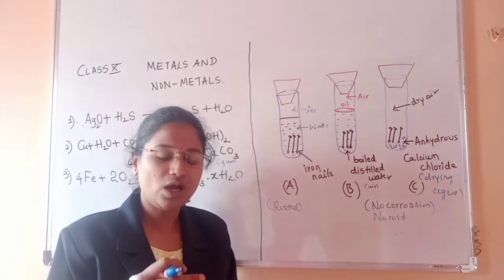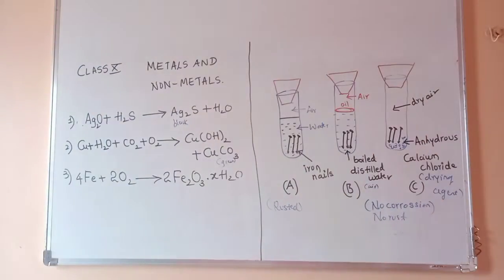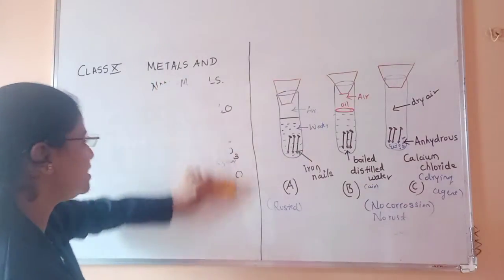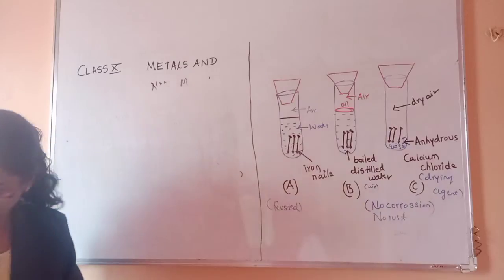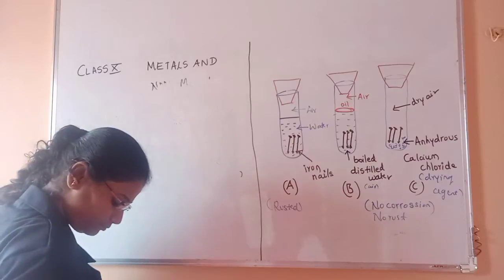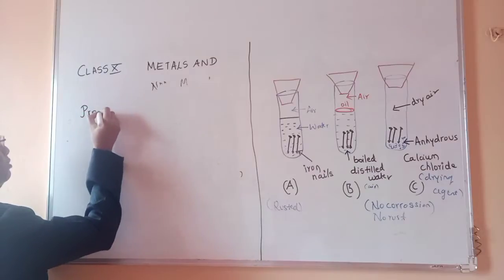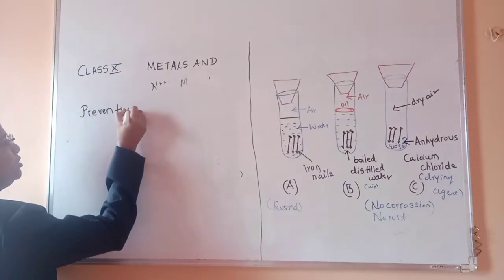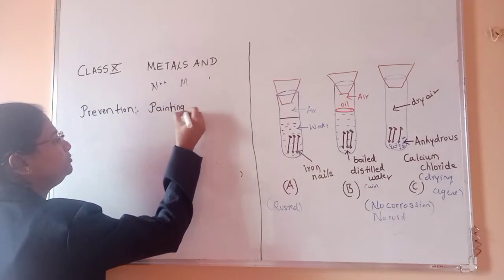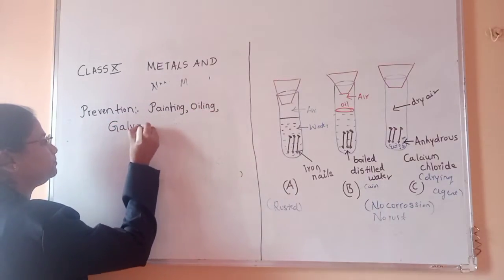Fine. Then how can we overcome this corrosion? How can we prevent it? Let us see the prevention of corrosion. We already discussed in lower classes that corrosion can be prevented by methods like painting, oiling, and galvanizing.